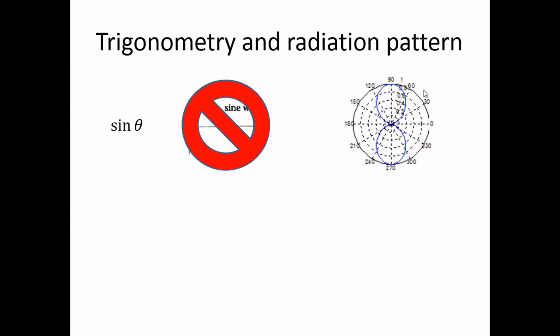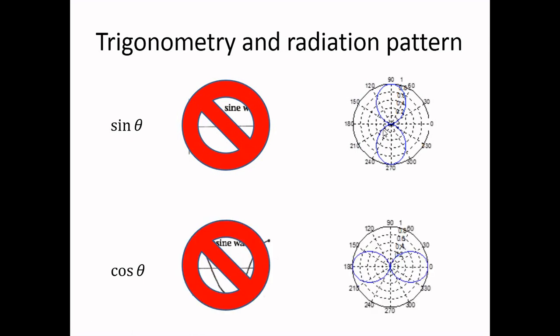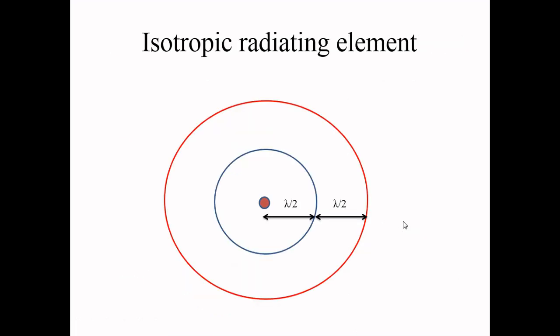When you draw sine theta over a polar plot, you will see that the maxima will occur at 90 degree because sine 90 is 1 and sine 270 is minus 1, and the minima will come at 0 and 180 degree. Similarly, cos theta, if you draw it, generally you will see this kind of graph, but again in antenna we don't do this. We again draw a polar plot. In this polar plot we'll get maxima at 0 degree and 180 degree and minima at 90 and 270 degree.